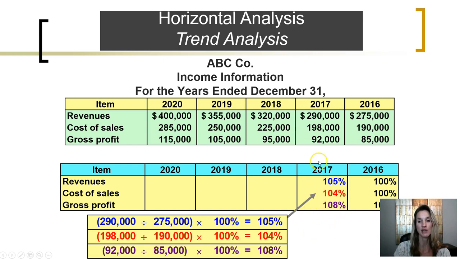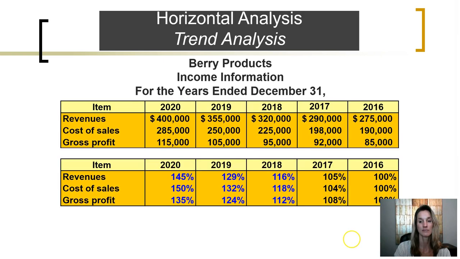Do the same for cost of sales. 198,000 cost of sales in 2017 divided by 190,000 in the base year. 104%. 2017's cost of sales were 104% of 2016.